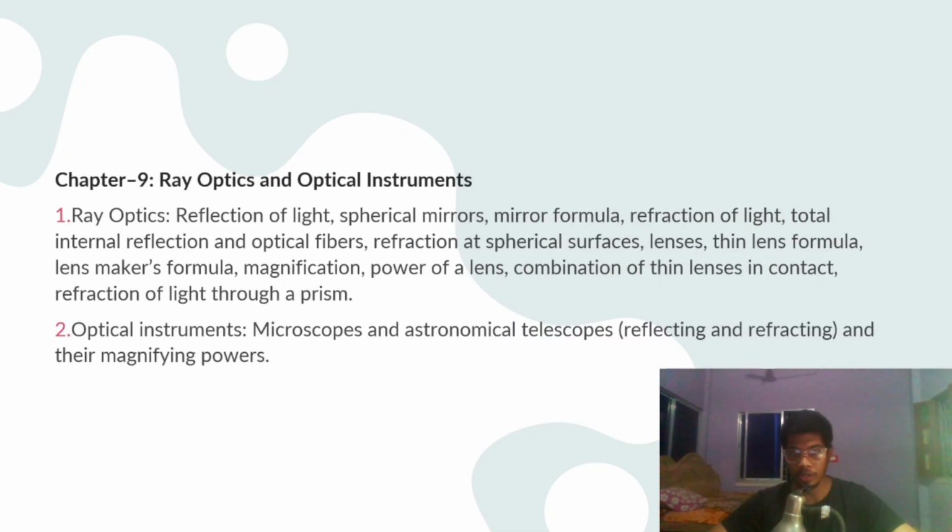So again, ray optics and optical instruments. I'll give around 9 hours in this chapter, because this does not involve any complex derivation. No, actually, my bad. Actually, I'll give around 14 hours in this chapter, because there are things like the lens maker formula, magnification, and power of a lens.